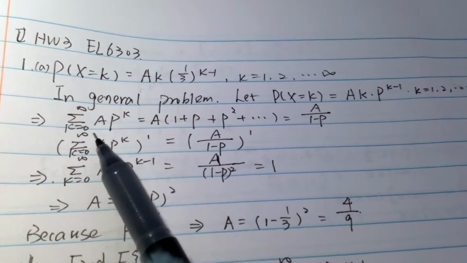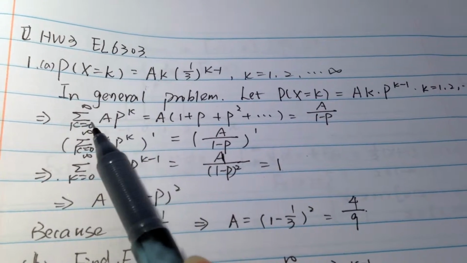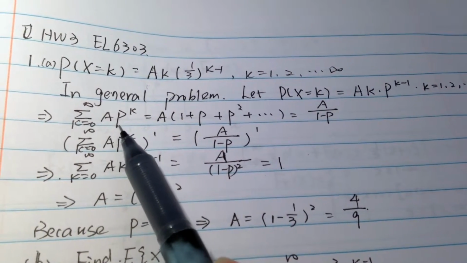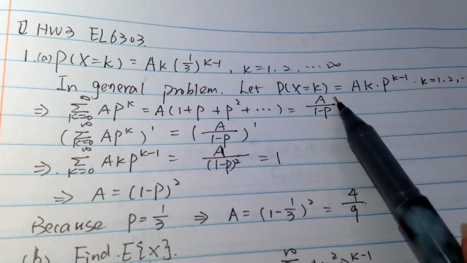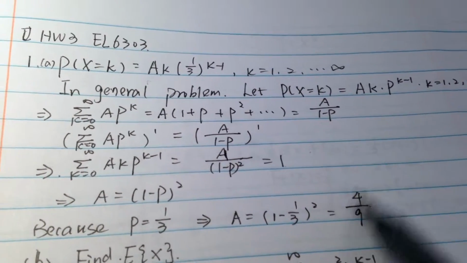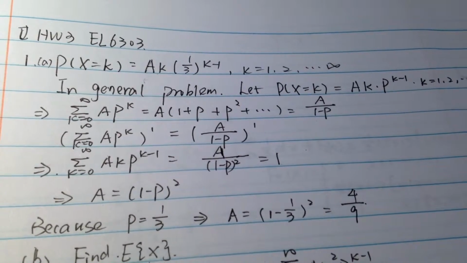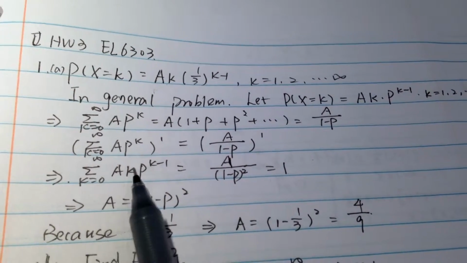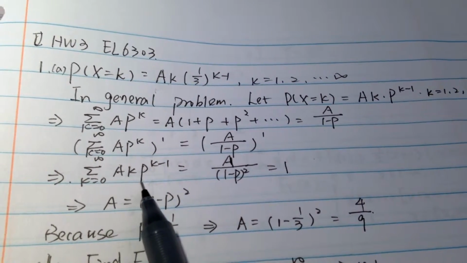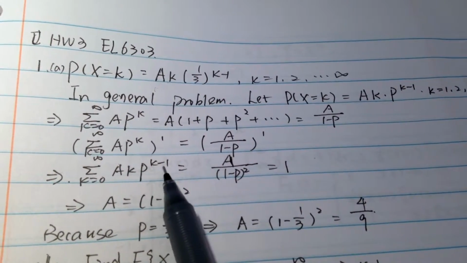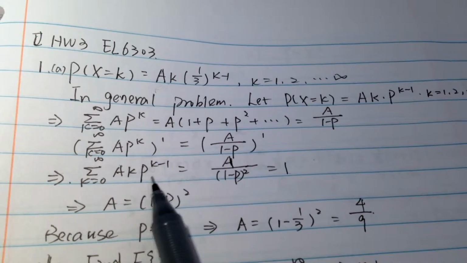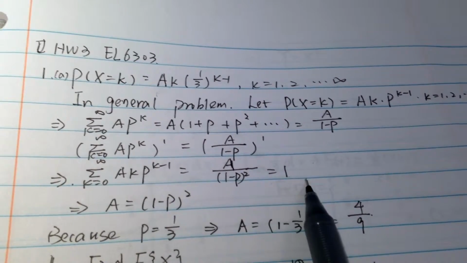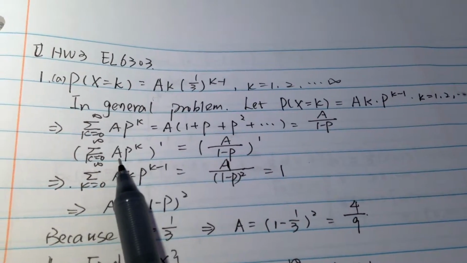We know if p is less than 1, the sum of a times p^k, k from 0 to infinity, equals a over 1 minus p. And we need to know the sum of a times k times p^(k-1). We need this equation to equal 1, and we already know this one.